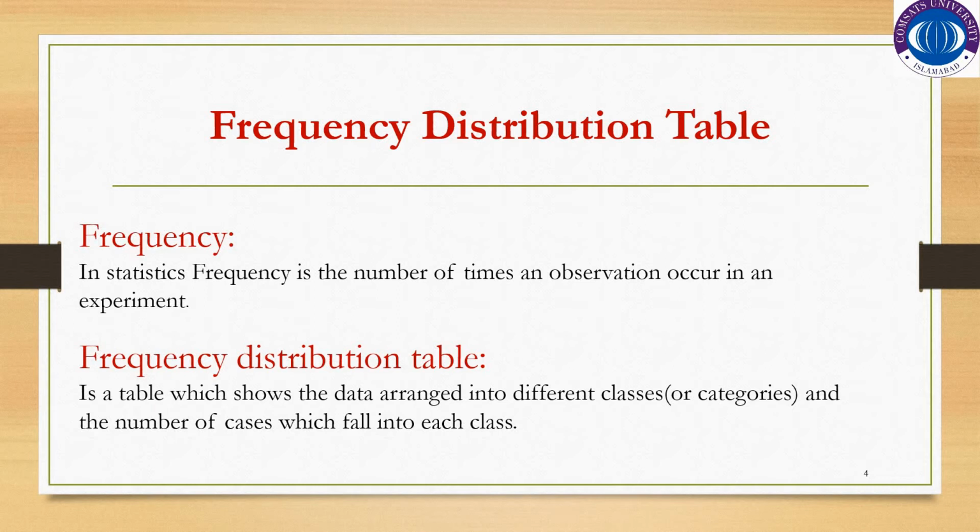Frequency is the number of times an observation occurs in an experiment. And what is frequency distribution table? Frequency distribution table is a table which shows the data arranged into different classes or categories and the number of cases which fall into each class.